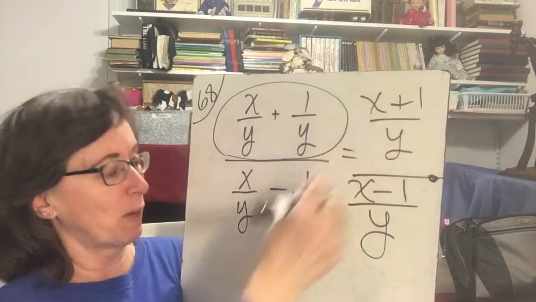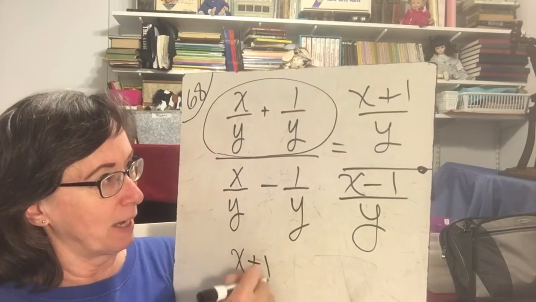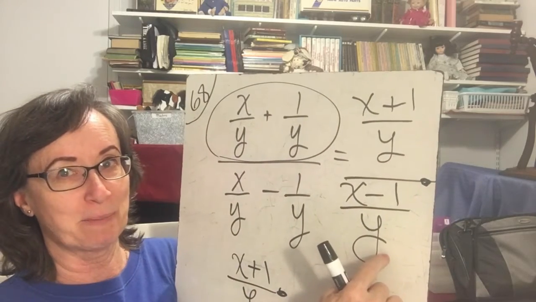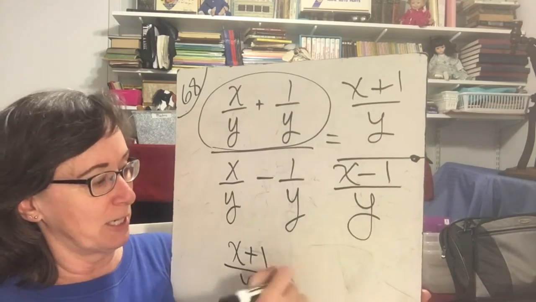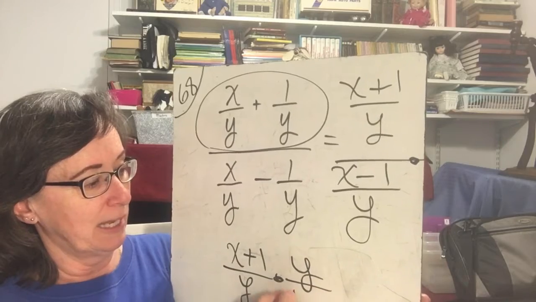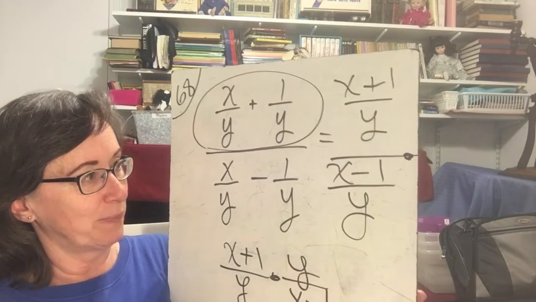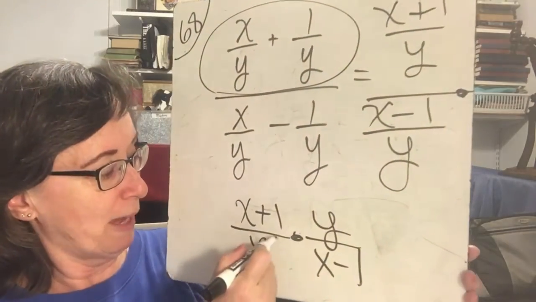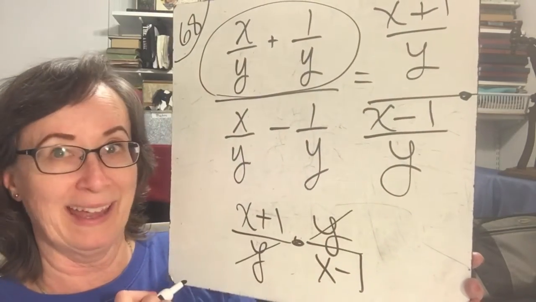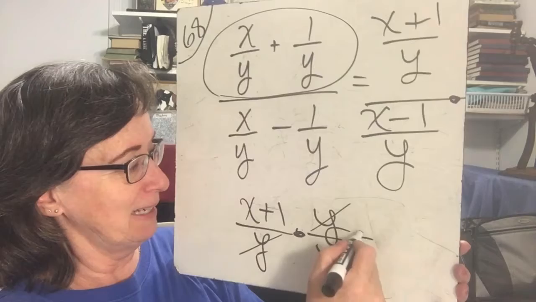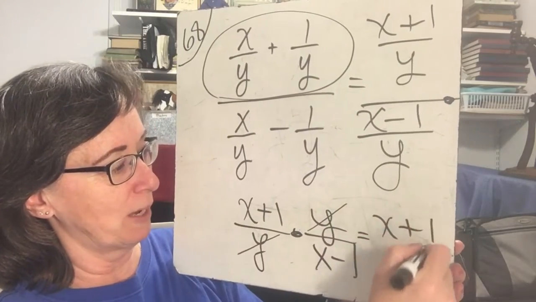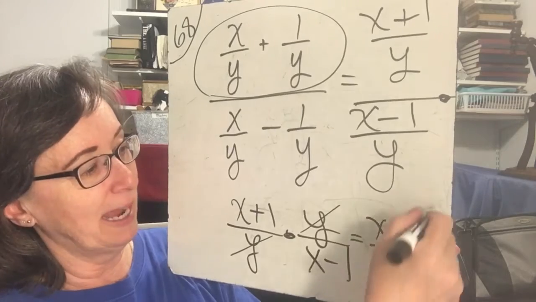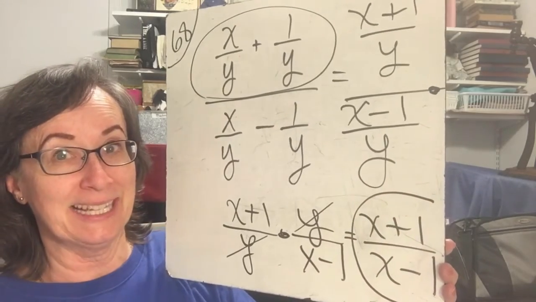So then I'm going to wind up with x plus 1 over y times the reciprocal of the denominator, which is y over x minus 1. So now to finish up, will my y cancel my y? And I wind up with x plus 1 over x minus 1, and that is the answer.